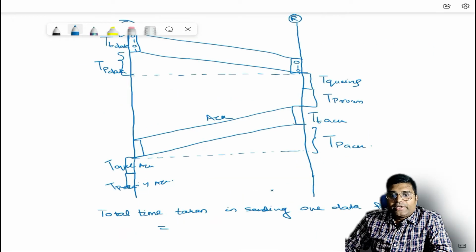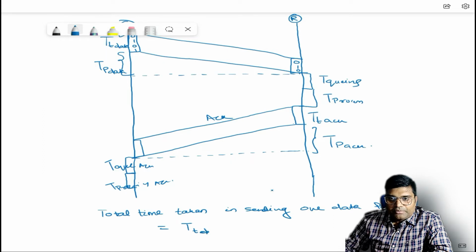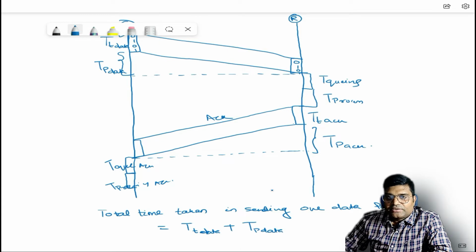Now we will calculate the total time taken in sending one data packet from the sender to the receiver. The first delay is the transmission delay for data plus the propagation delay of data. After the data reaches the receiver, there will be a queuing delay and a processing delay.